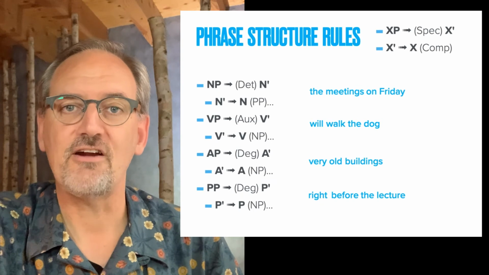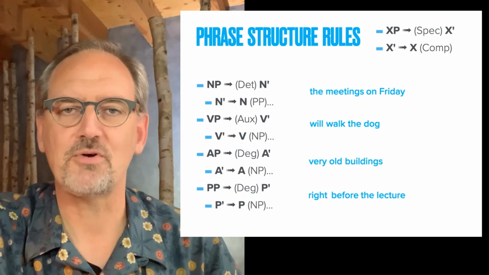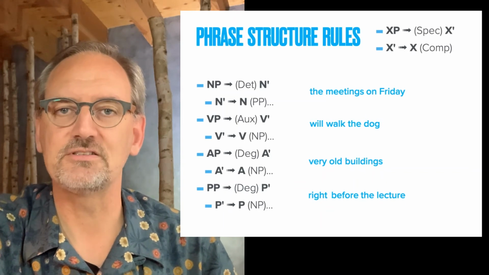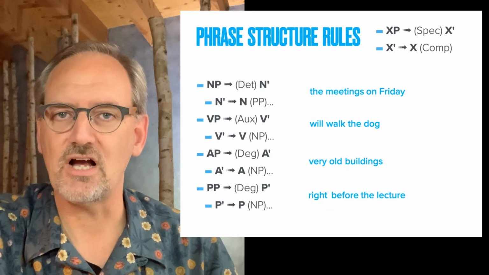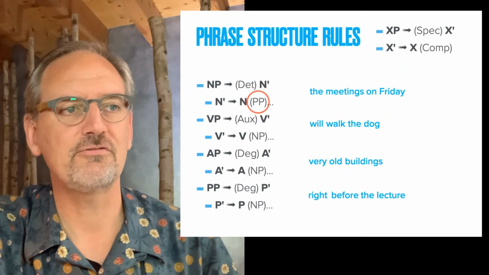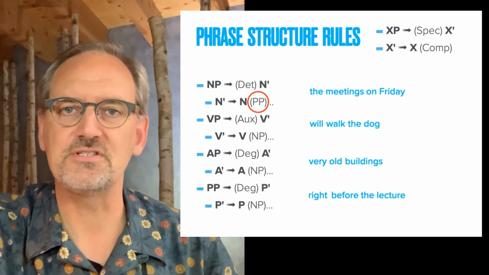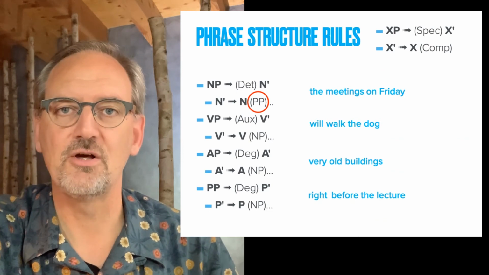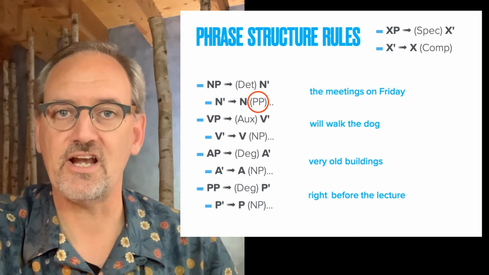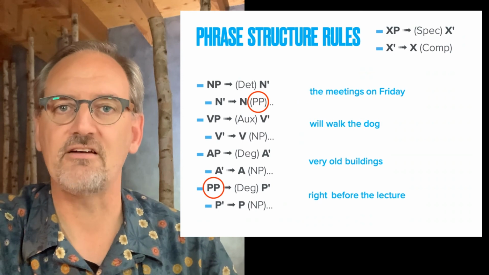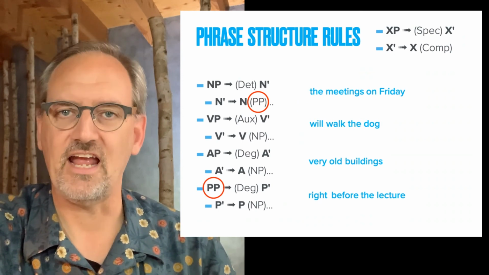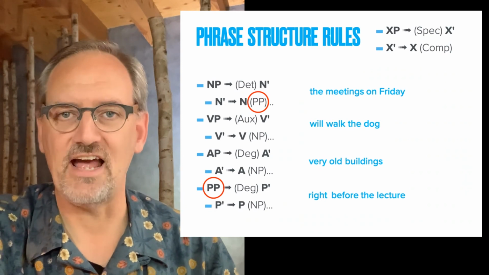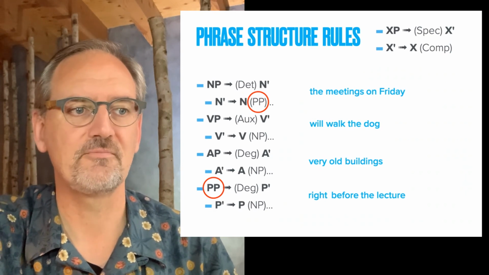So if you look carefully, one very important property is that each of these phrase types can also be possible complements. So in a noun phrase, for example, you could have a prepositional phrase as a complement of the head noun. But then the prepositional phrase itself would then have to have a P bar and a head P, which could in turn also have a noun phrase as a complement.